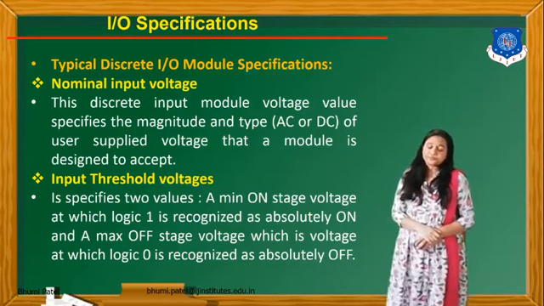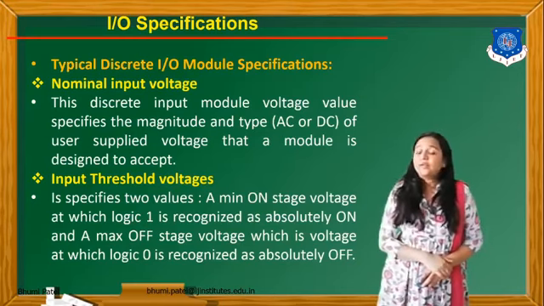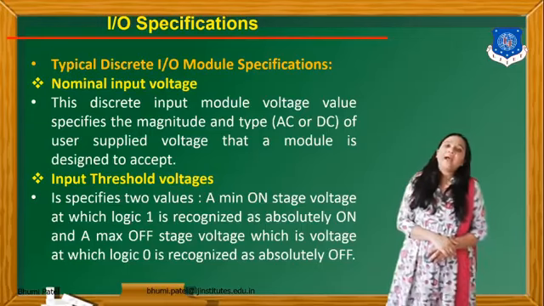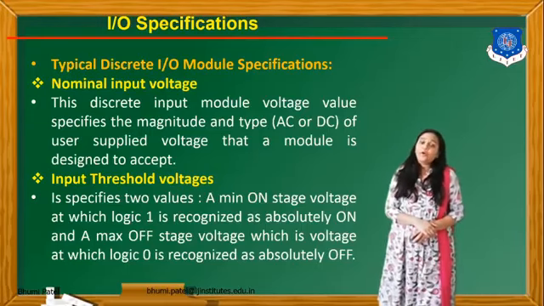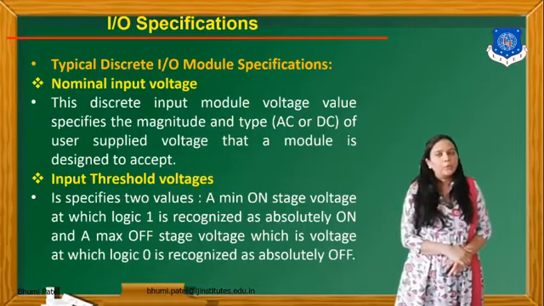As you know, the digital threshold value works only at the high or the low level, so it always specifies the two values.